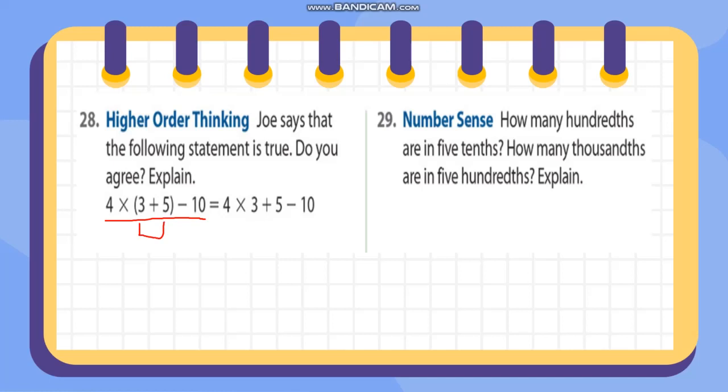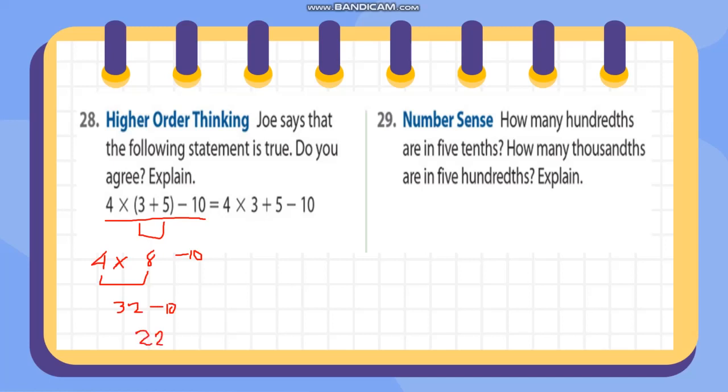Based on the PEMDAS rule, we need to solve first what is inside the parentheses. So 3 plus 5 is equivalent to 8. Then 4 multiplied by 8 minus 10. Since we have multiplication and subtraction, we need to multiply first. So 4 multiplied by 8 is 32, and 32 minus 10 is equivalent to 22.